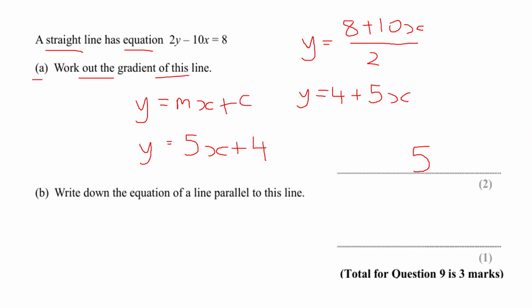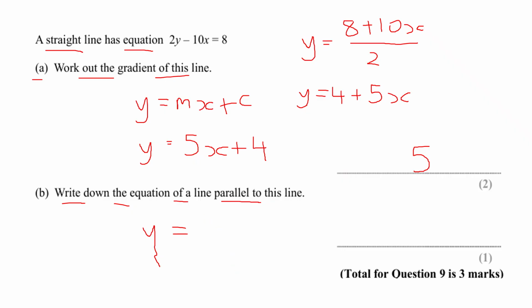Okay, part B, write down the equation of a line that is parallel to this line. So parallel lines are lines that have the same gradient, so the same coefficient of x in the form y equals mx plus c. So we could have, let's say, y is equal to 5x. Oops, sorry guys.